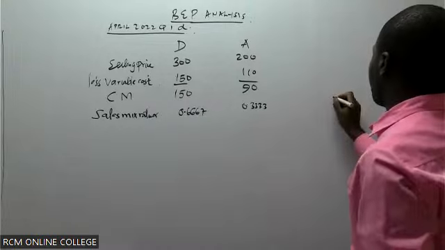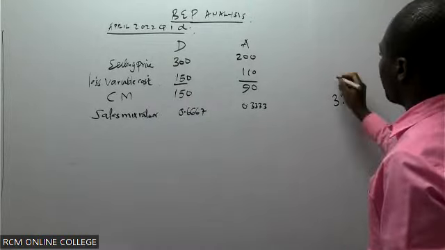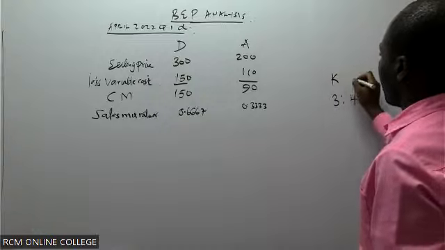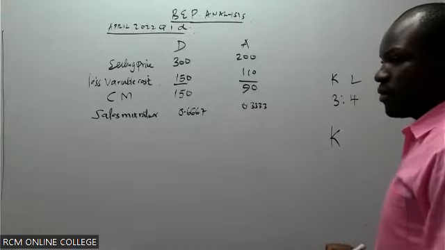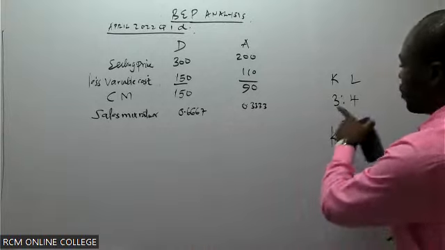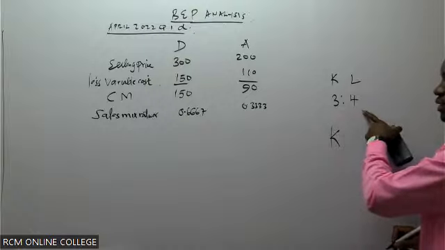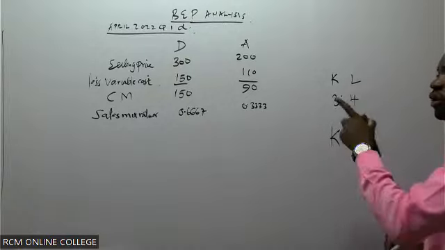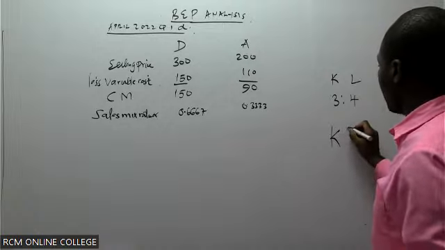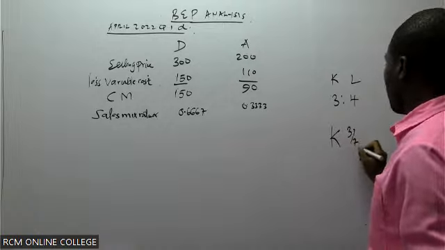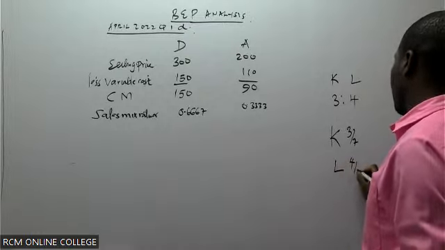I have a ratio of 3 is to 4, and I have products K, L. Are you able to give me the proportion that K will be having? So you first of all add these figures. You are going to get 3 plus 4 will be giving you 7. Is it? So K will be 3 over total. L will be 4 over the total.